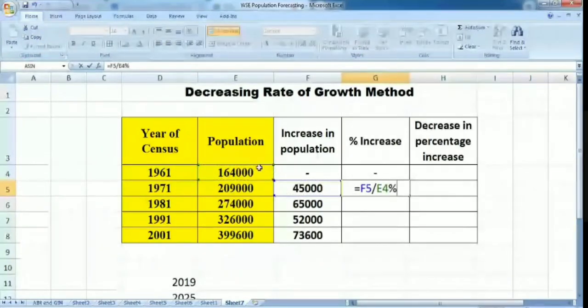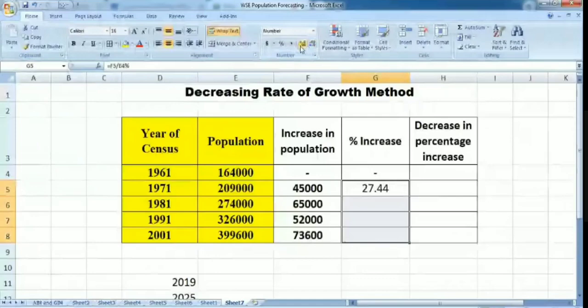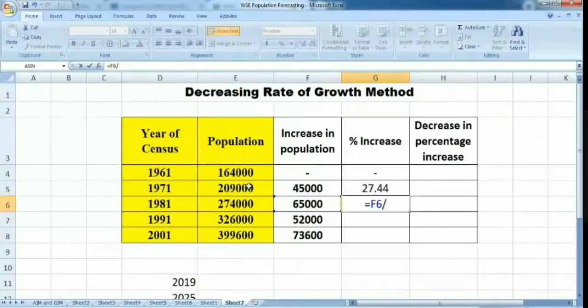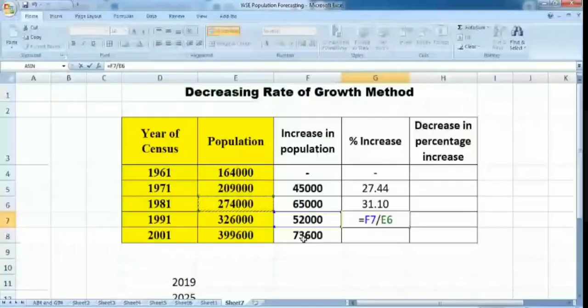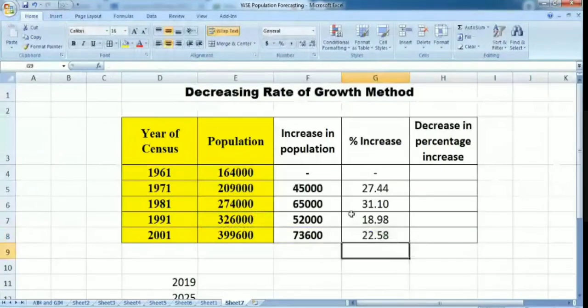We'll keep the decimal places to a maximum of 2, and will not go beyond that. 65,000 divided by 2,09,000 into 100. Similarly, 52,000 divided by 2,74,000 and multiplied by 100. Similarly, 73,000 divided by 3,26,000 and multiplied by 100. I'll be getting these ones.